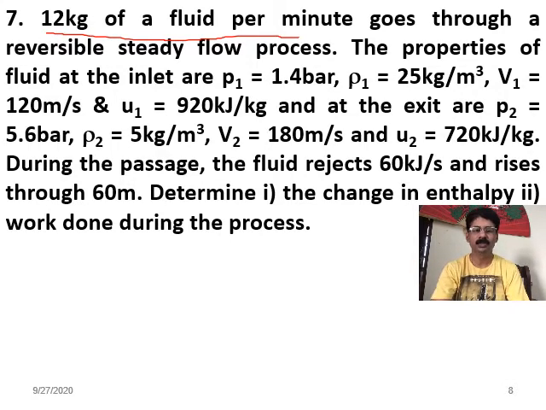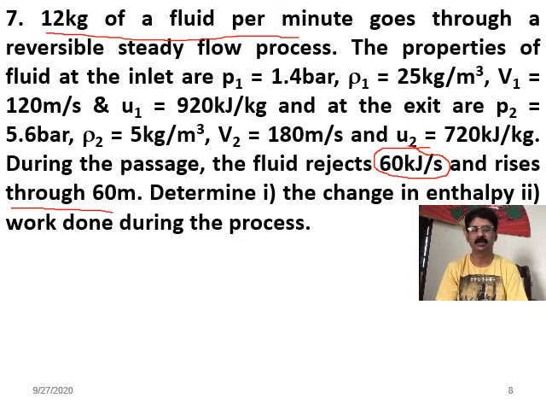Also the system, the control volume, rejects 60 kilojoules per second of heat through the control surface, and there is a difference in elevation between the inlet and the outlet. Rises through 60 meter means the outlet is 60 meter above the inlet. You have to very carefully understand and analyze the problem.